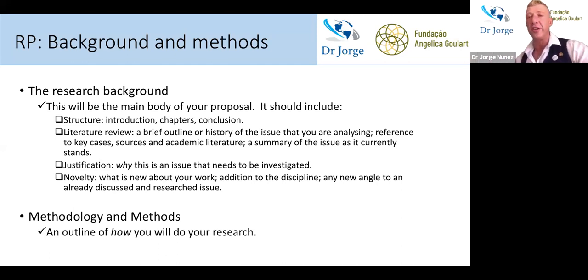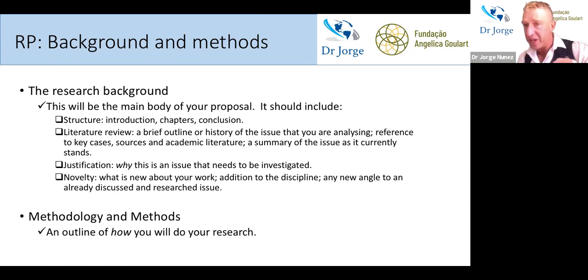To put it short, you are meant to be the expert on that particular field, on that particular point, on that particular argument you are making. If you claim to be the expert, if you claim to have a new angle, if you claim to have a new point of view, you will have to prove that. How do you do that? By doing the literature review.